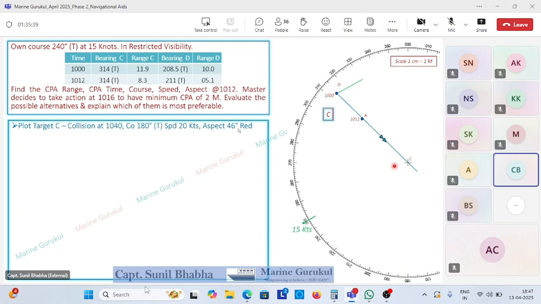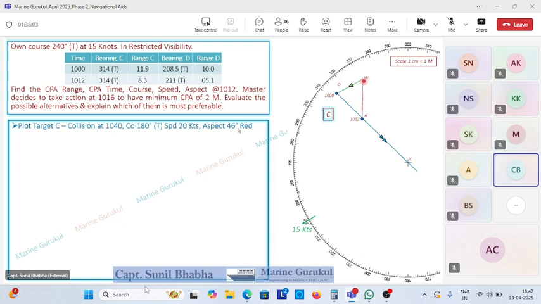Let us now plot own ship's course vector. So from point O, in the reverse direction of our course, we mark off this green color vector, O to W. Now WO represents own ship's course and distance steamed in the plotting interval of 12 minutes.